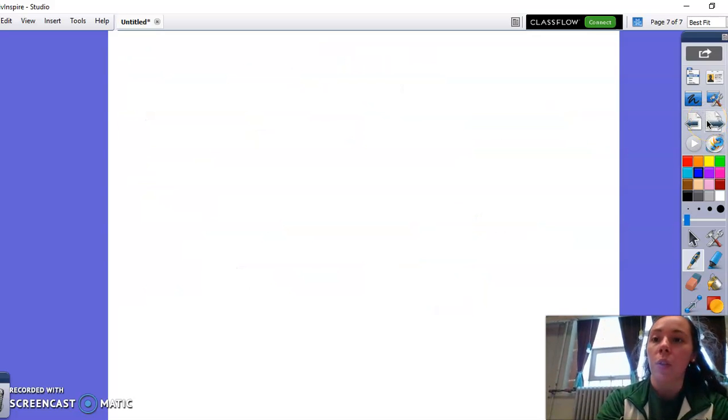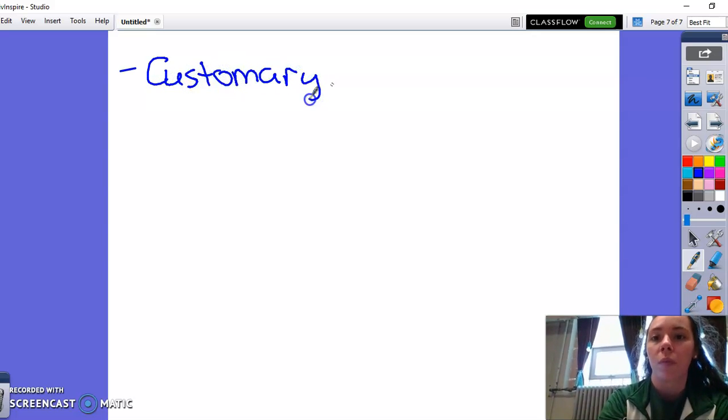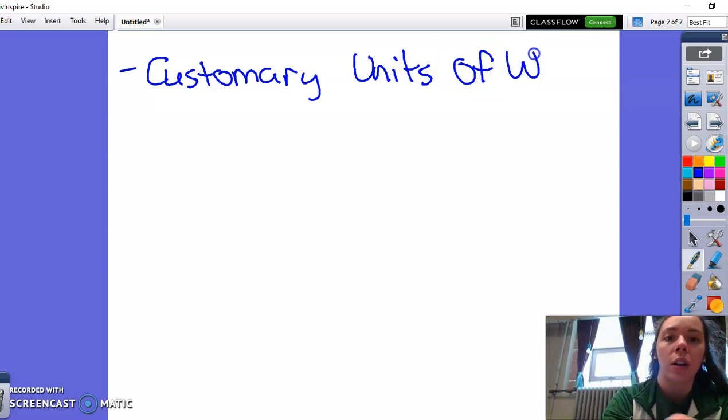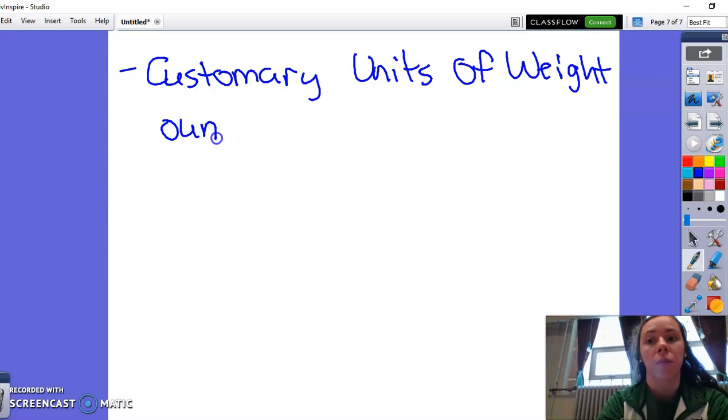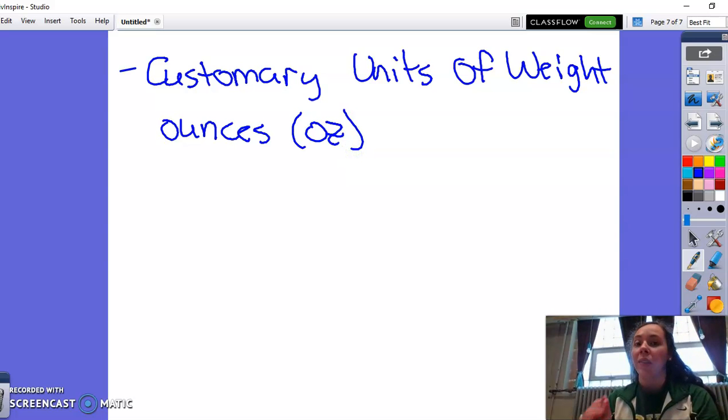Let's start with writing down what the customary units of weight are. Okay, this one there's only three. There are ounces, which is abbreviated OZ like we saw in 10.2, but this time we're not talking about fluid, we're not talking about liquid.